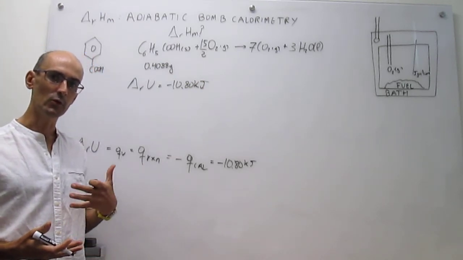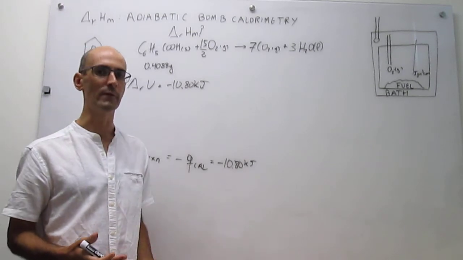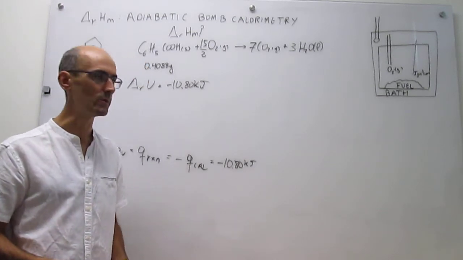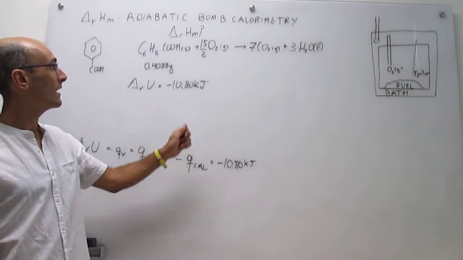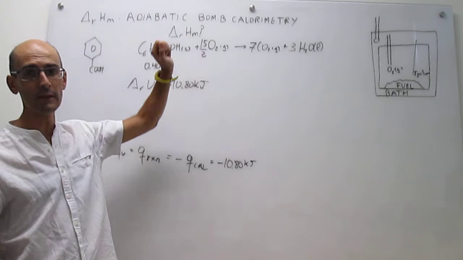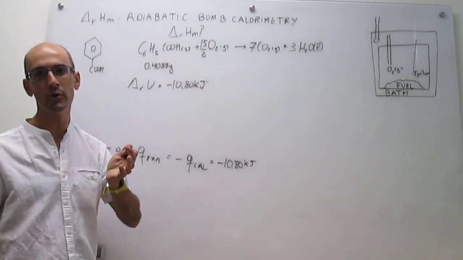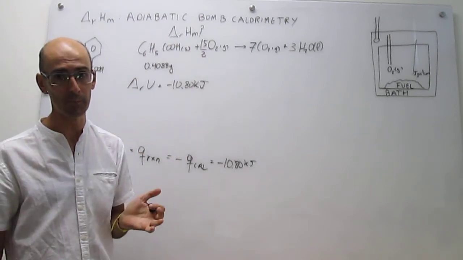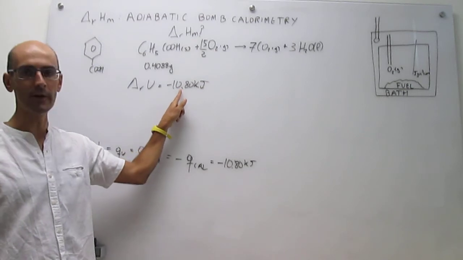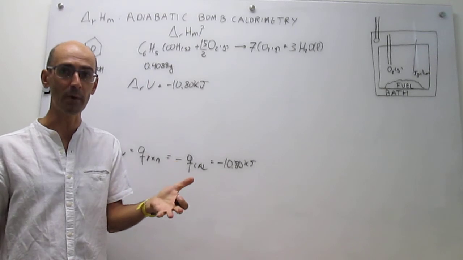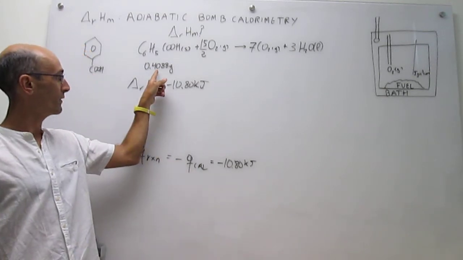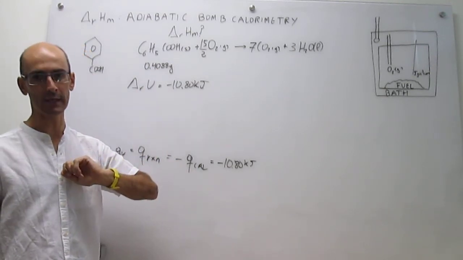Now we actually have to calculate the change in enthalpy for the reaction, because that's what we really want to know here. Notice that what we're really after is the change in energy or enthalpy per mole. But the number that we have calculated until now is simply the change in internal energy in the combustion reaction for this amount of benzoic acid.